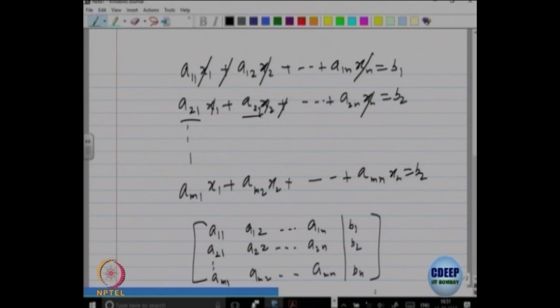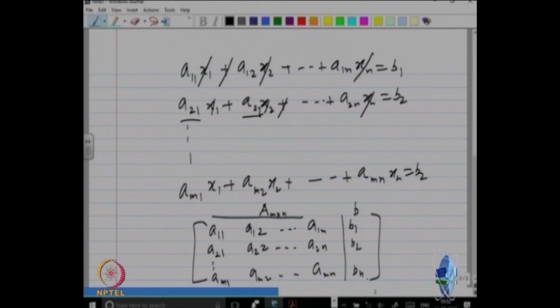Let us try to write this slightly more neatly, okay, so that we get our system. This part of the data I will call a matrix A, and I will call this B. Okay. So, what is the order of A? That is m cross n, right.